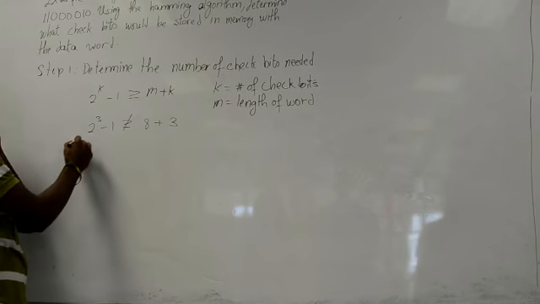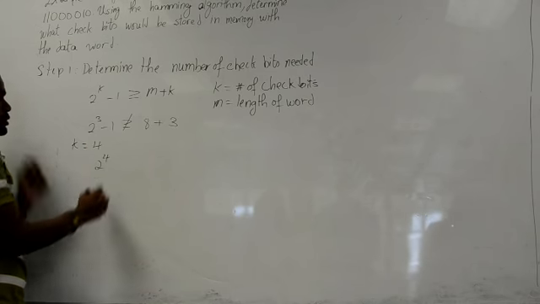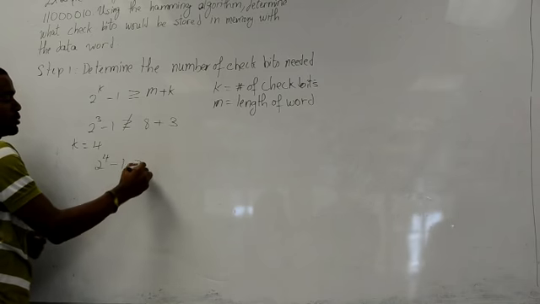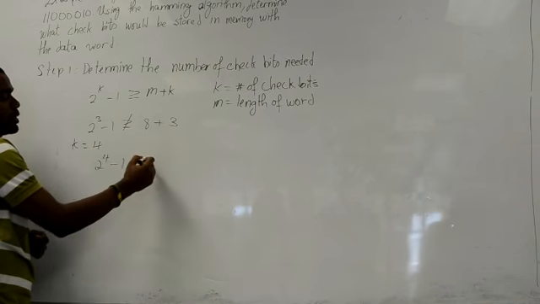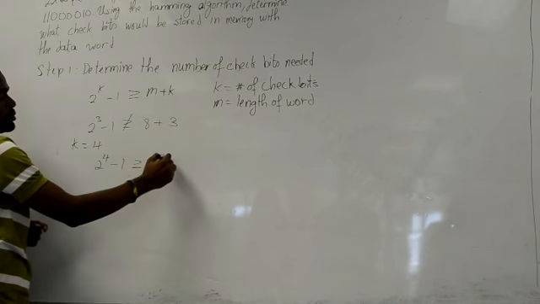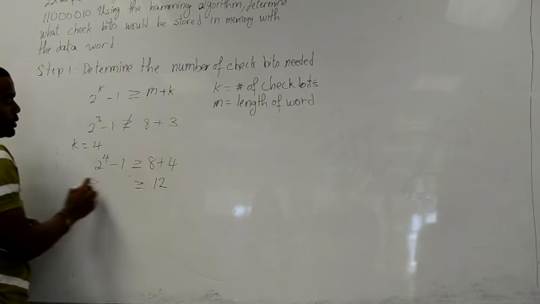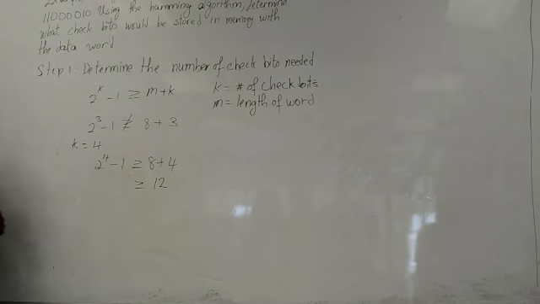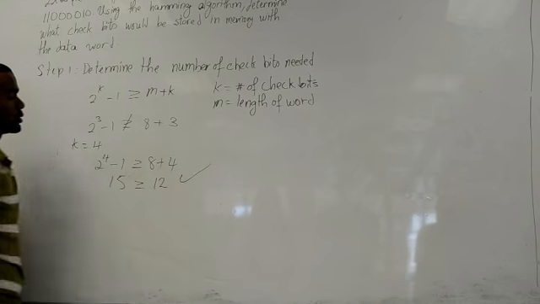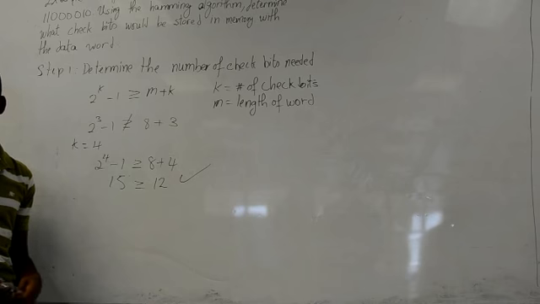So let's try k equal 4. So I have 2 to the 4 minus 1, and on this side we're going to have 8, and our check bit is 4, so we have 12 over here. 2 to the 4 is 16, minus 1 is 15, so this works. So we're going to work with k equal to 4.